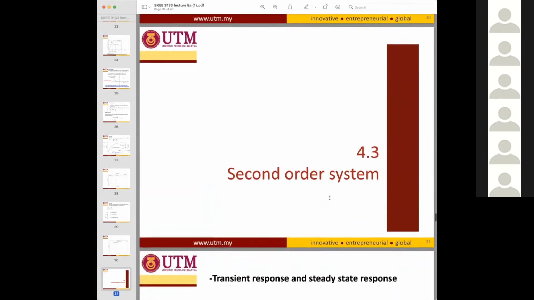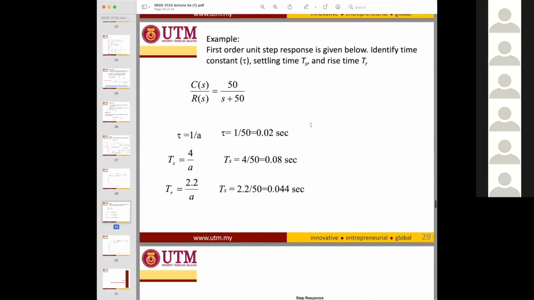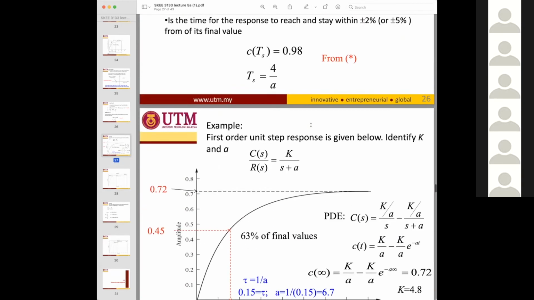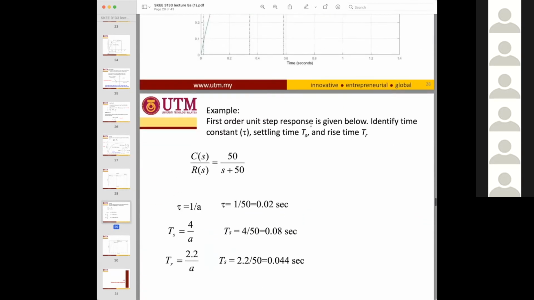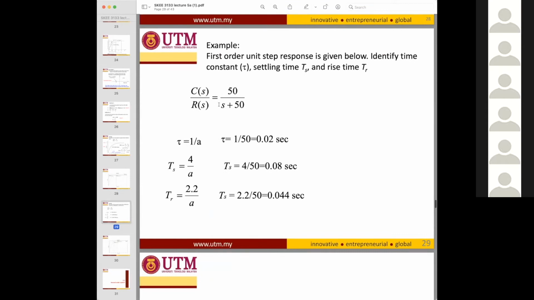Doctor, I have a question. Why for the poles we use 50 and not negative 50? For example, this one. So we just take A as 50, not negative 50. We don't need to change the sign.